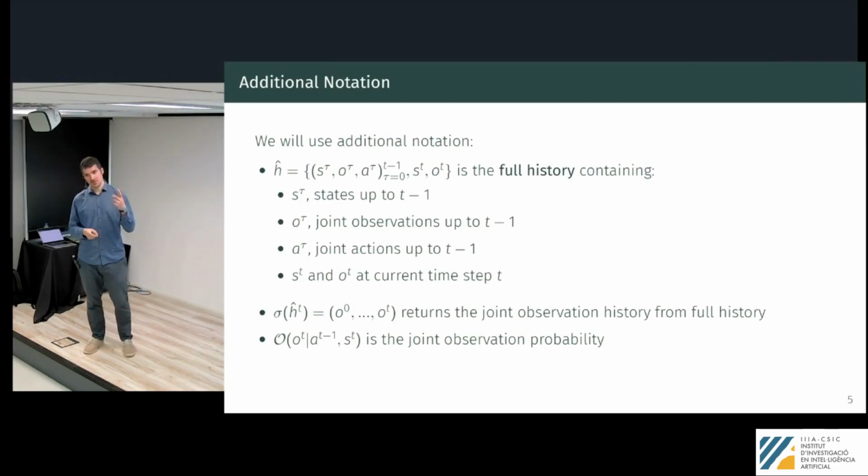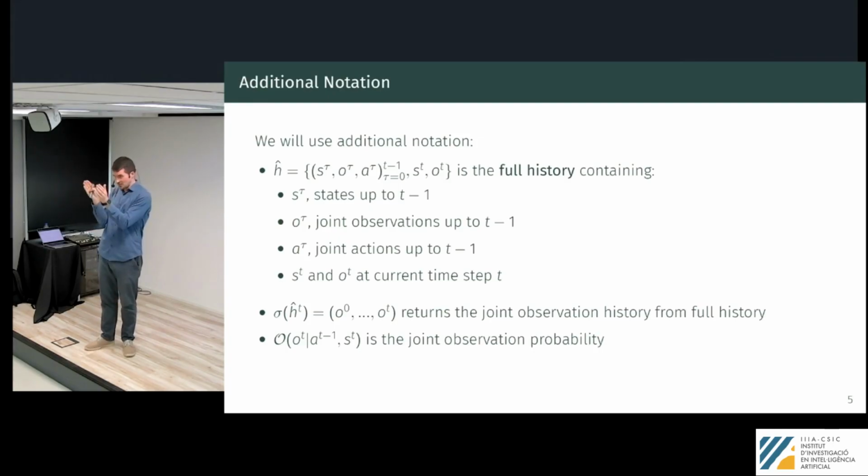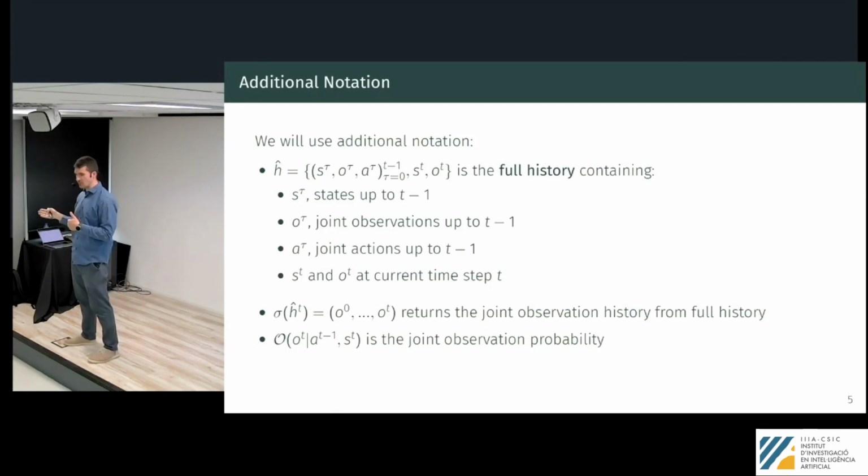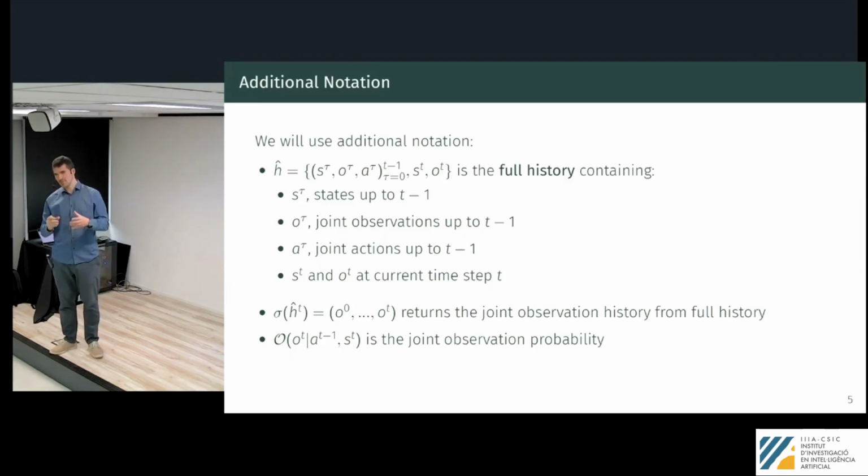But the observations of individual agents are just what they see from that state, so it will be a subset. I only get to see some of you, I only know some things about you, but not everything. In fact, it might not even be a subset. It might be some other information, for example the pixels that I get to see, which are synthesized based on the real state of the world. So it could be a subset, for example I only see some of you because of occlusion, or it could be completely different information like a sensor stream that is actually based on the real state of the world. Does that make sense?